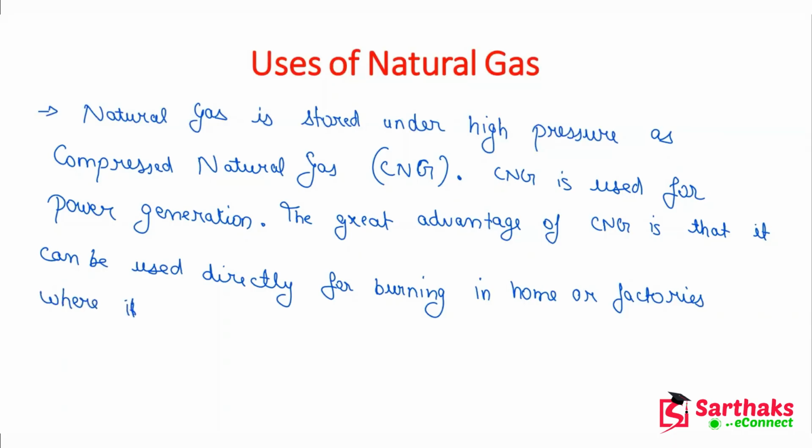As you have noticed, it is a gas, so it has to be supplied through a pipe. We can't use any other mode of transportation for CNG. As we have seen, petrol is loaded in trucks and all, but we can't do that for CNG.